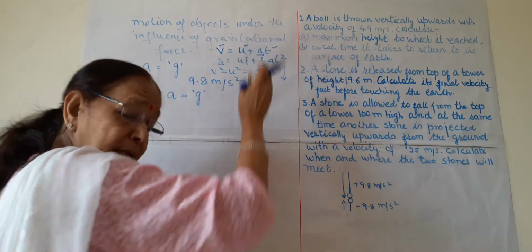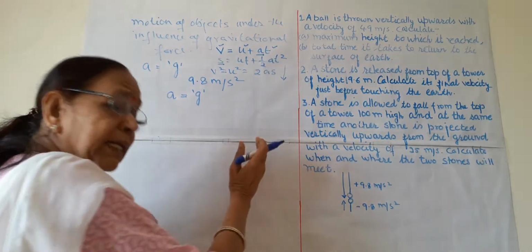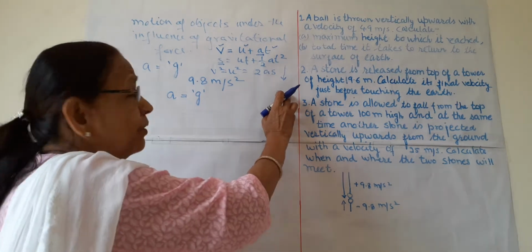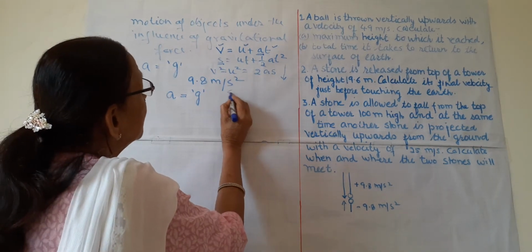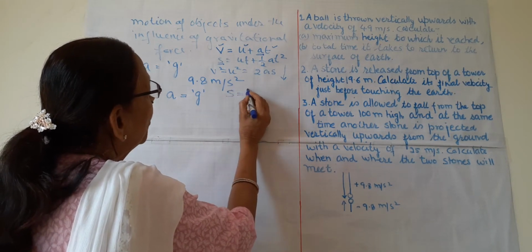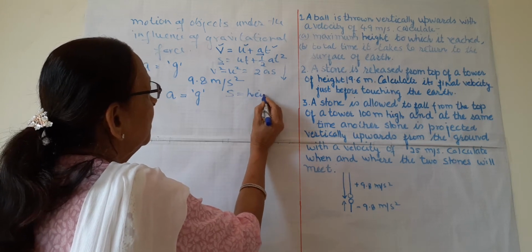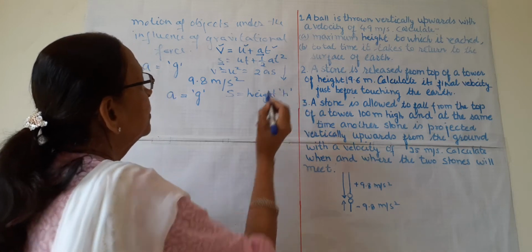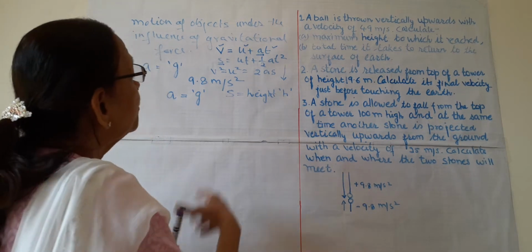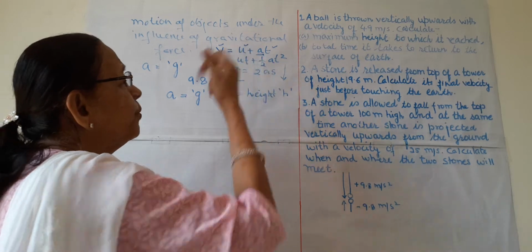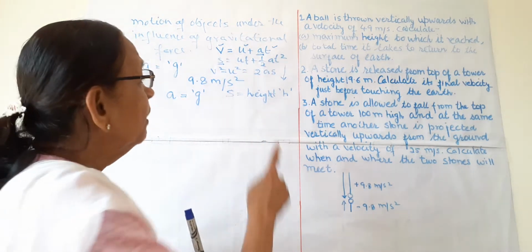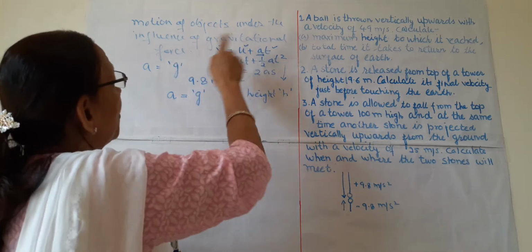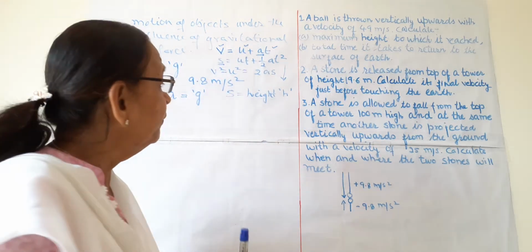All the objects fall on the earth vertically in a straight line. So it is height. So this s is modified by height. Instead of s, we write height with the symbol small h. These two are the changes we have to make in these three equations when we use them for motion of objects under the influence of gravity.